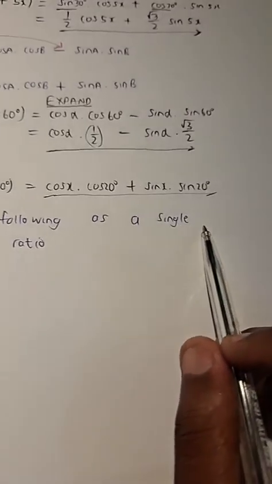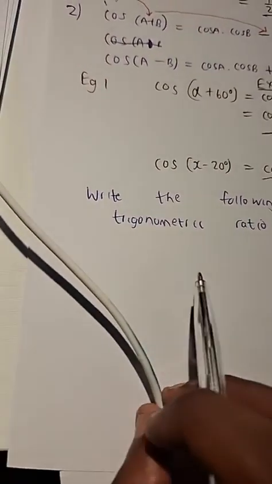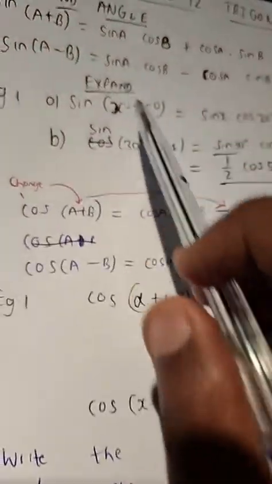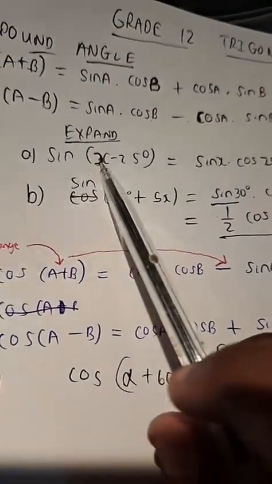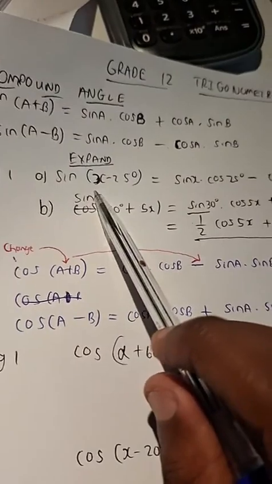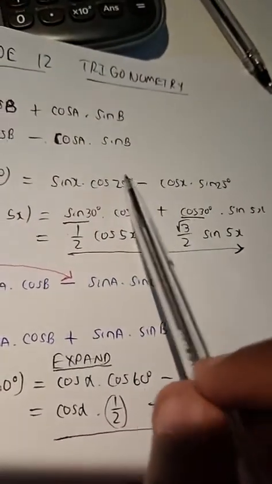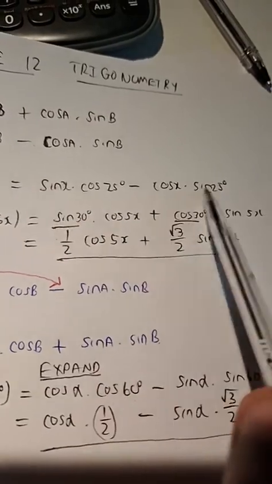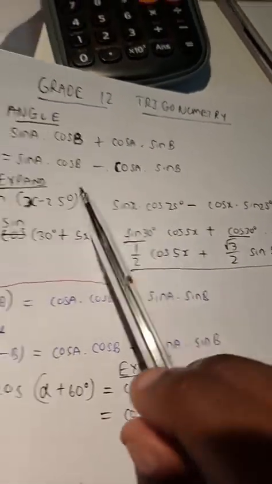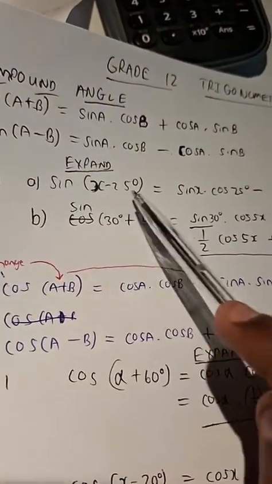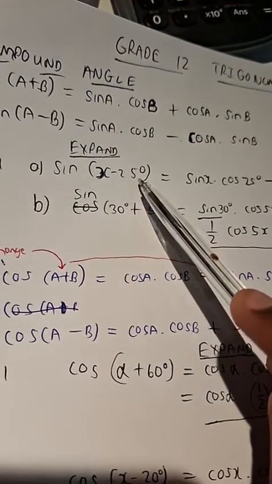So in as much as we know how to write the expansion of a certain compound angle, we need to be able to take the expanded form and write it back as a reduced form. Okay, I hope that makes sense.